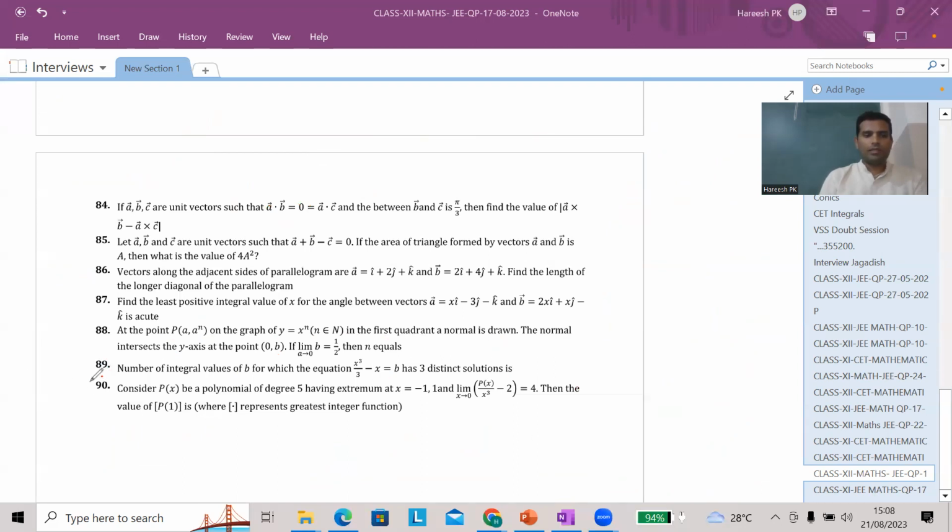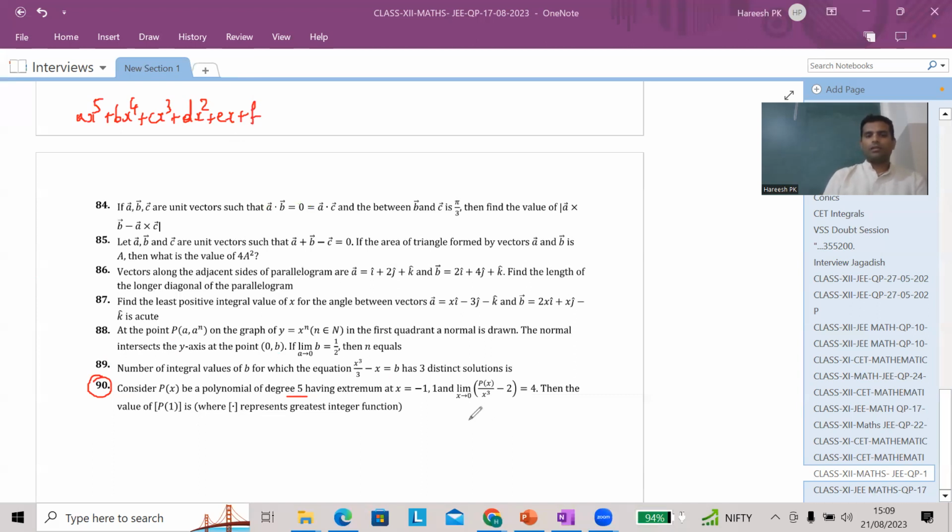Next, we move to the 90th question. So 90th, p of x is a polynomial of degree 5. Means p of x is ax power 5 plus bx power 4 plus cx cube plus dx square plus ex plus f.